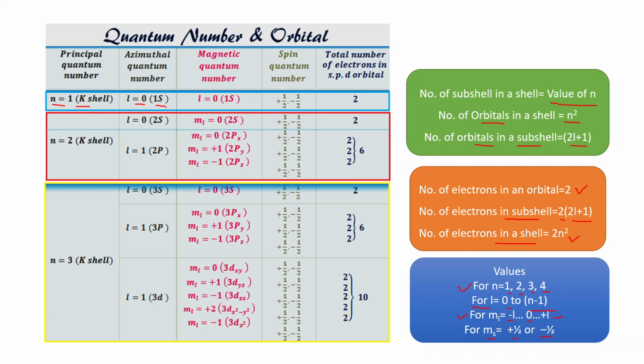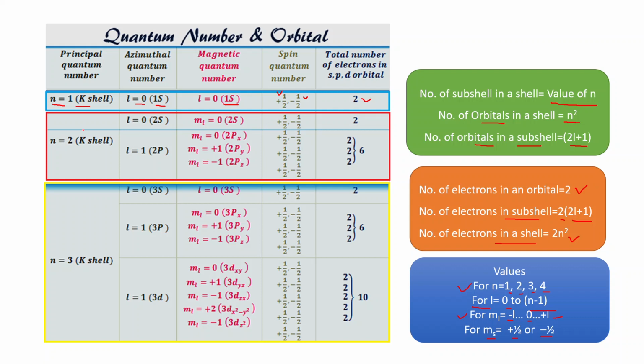The 1s subshell has 1 orbital, again represented by 1s, and this orbital has 2 electrons with these 2 spins, +½ and -½. These are the total number of electrons in the first shell.